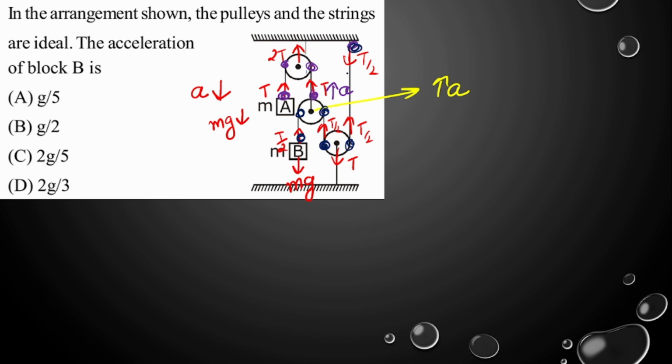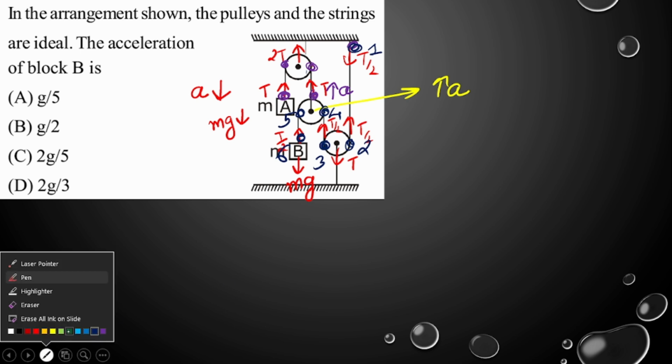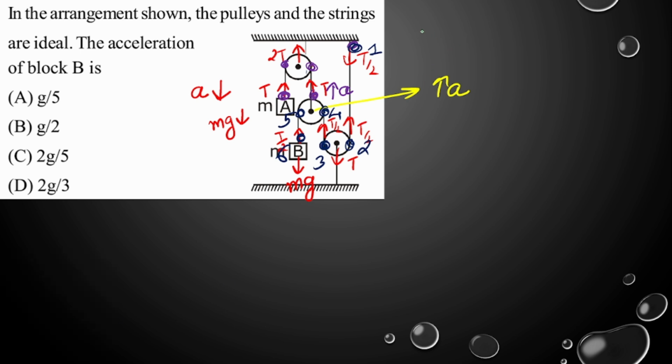Applying the point method, the acceleration of point number 1 is 0, point number 2 is 0, point number 3 is 0, point number 4 is going upward with acceleration a, so that is increasing the length, means plus a. Point number 5 is increasing the length, so that is plus a, and point number 6 I am considering to be in the upward direction, so that is minus aB, equals 0, so I got aB equals 2a.